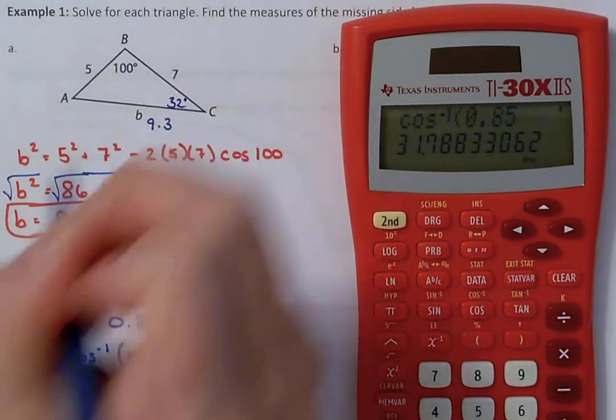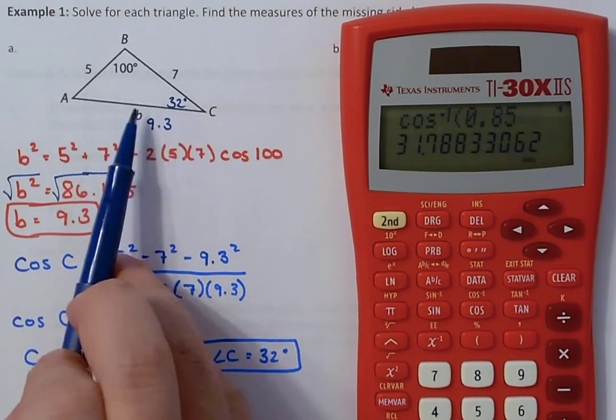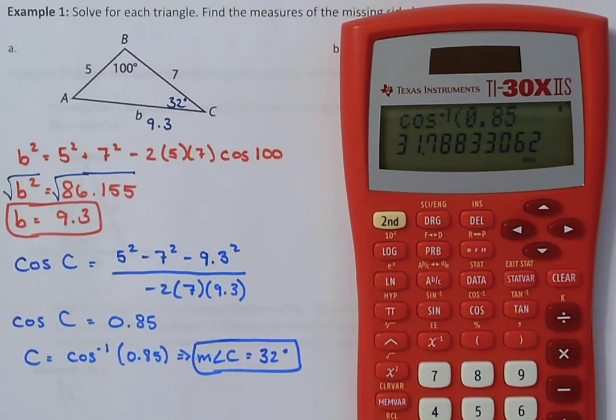So now that I know the measure of angle C being 32 degrees, all we have left is to figure out the measure of angle A. So we know all three side lengths, we know two angle measures, and whenever you know two angle measures, you can figure out that third and final angle measure by using the triangle angle sum theorem. So 180 minus the other two angles.